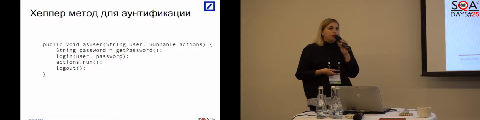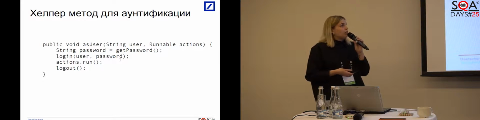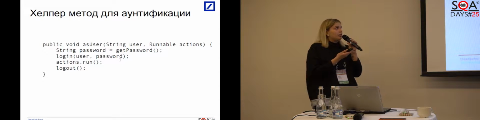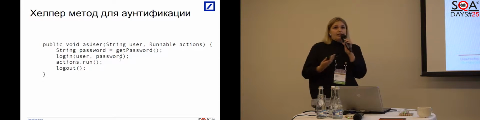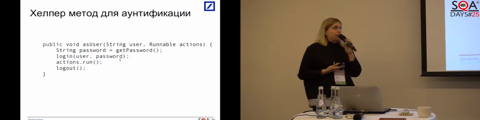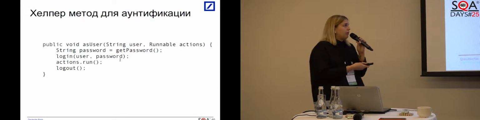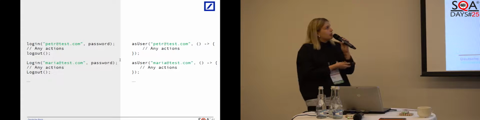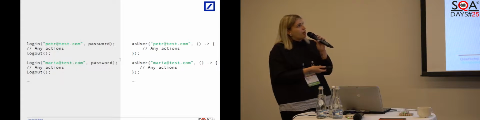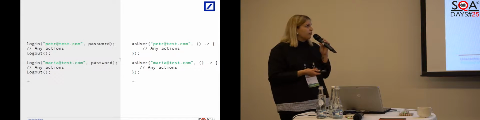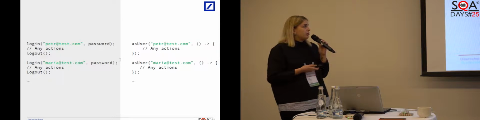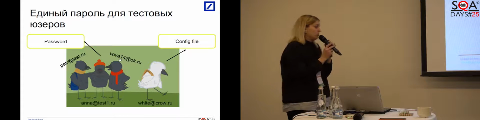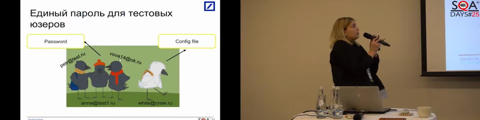Thus, for every application, we decided to create our own authentication method that uses as a parameter the end-user, the activities that can be done and signed in by this user. Thus, our code with a huge number of logins and logouts becomes a very neat-looking number of constructs.